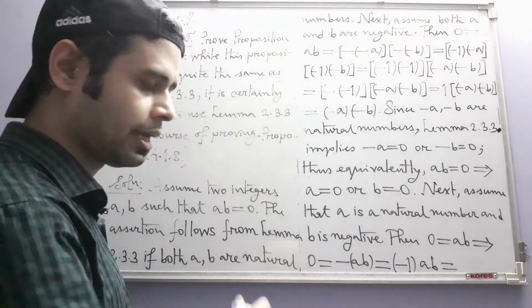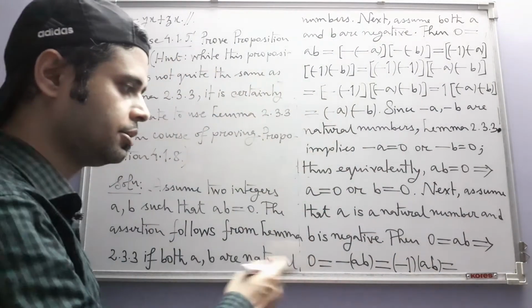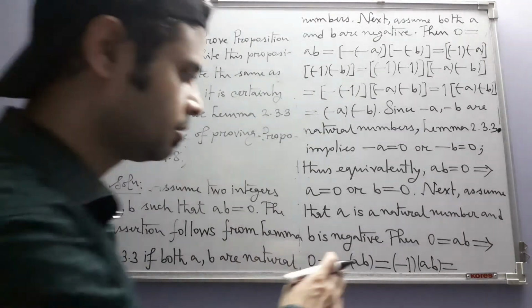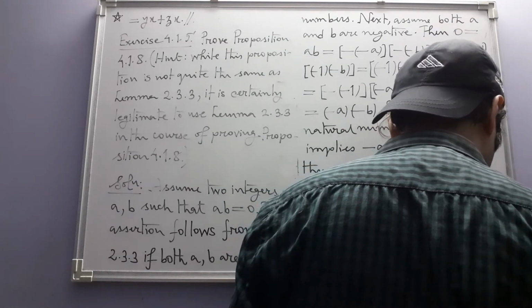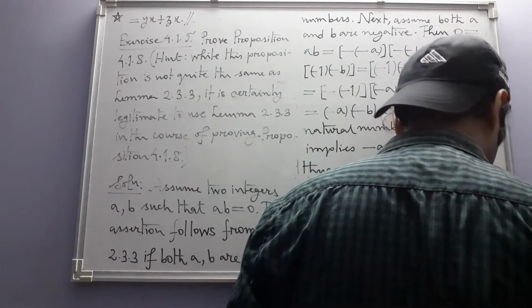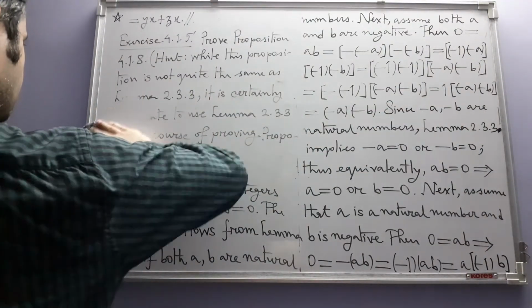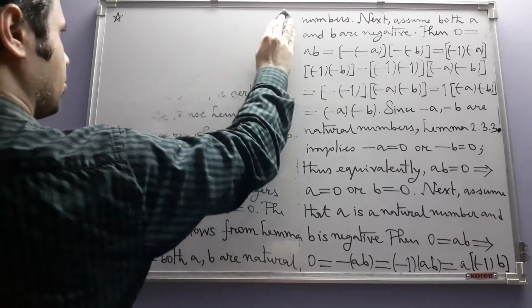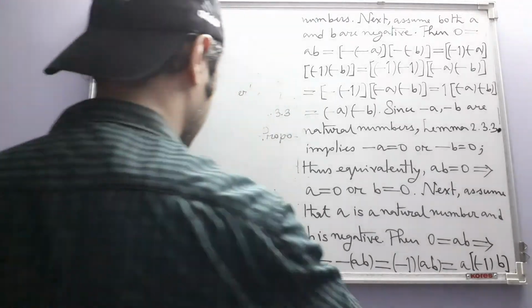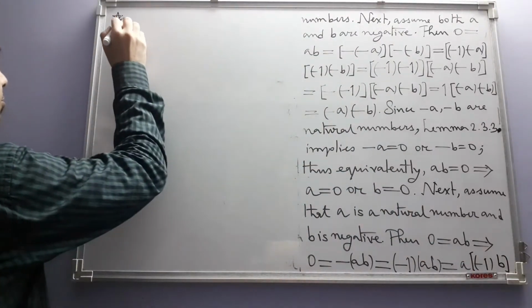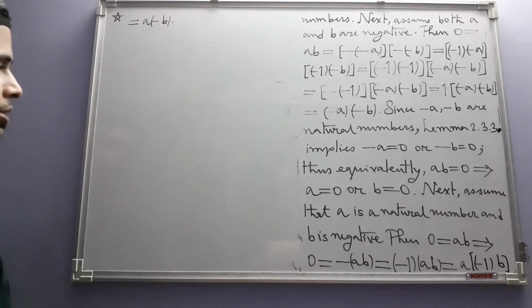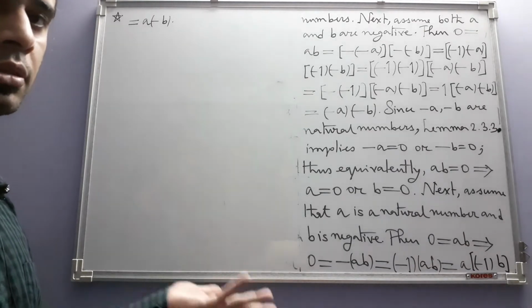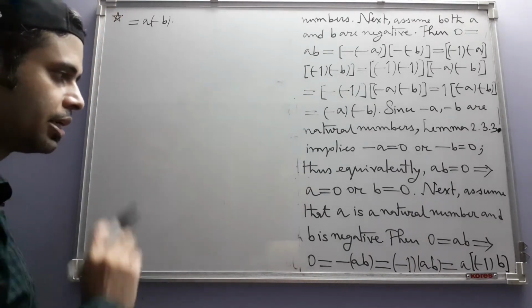As this product. Then using commutativity and associativity of multiplication of integers, I can write this as this. Now this becomes equal to a times minus b. So a times minus b now is again 0. A was already a natural number.